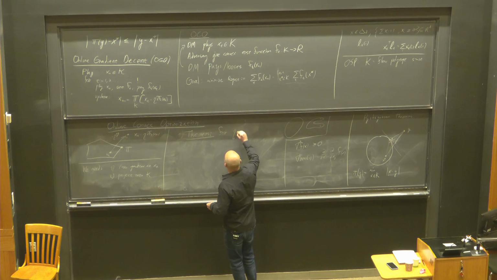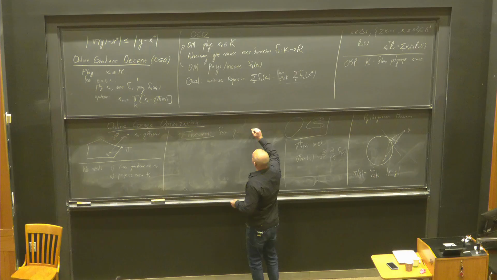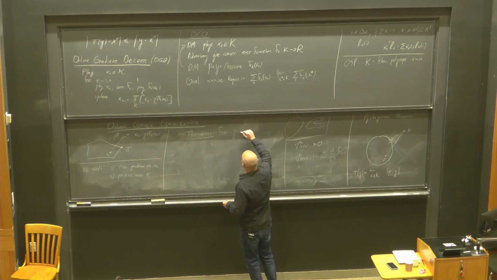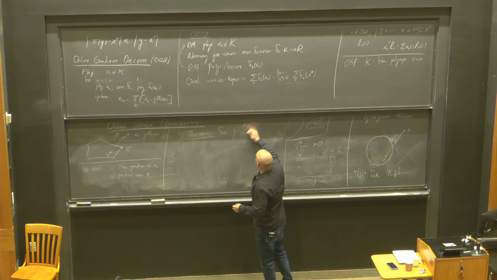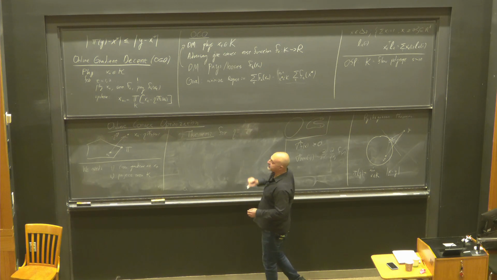For eta, which I will soon pick, so it's going to be something like 1 over root t. There are some more constants here that I will fill in a minute.